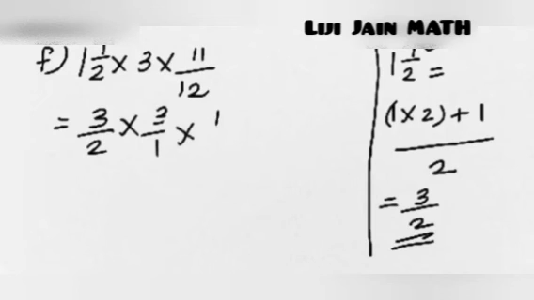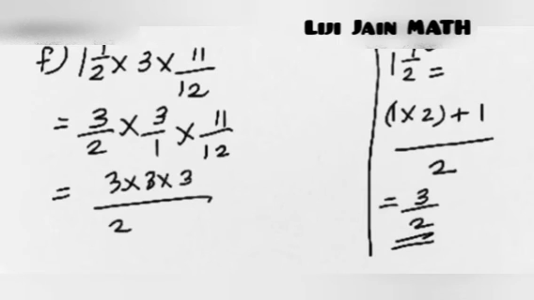Okay, now what is the rule? Product of the numerators by product of the denominators. That means 3 by 2 into 1 into 12. 1 need not be written. Any number into 1 is the number itself.